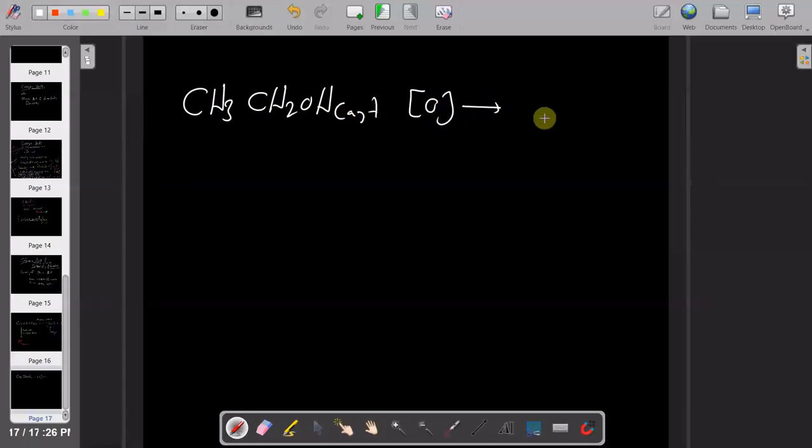So instead of writing oxygen, we can put this signature, right? It is called an oxidizing agent. Since it is getting only one oxygen, it is the product, right? This is the shortened way of writing it. This oxidizing agent can be anything, right?